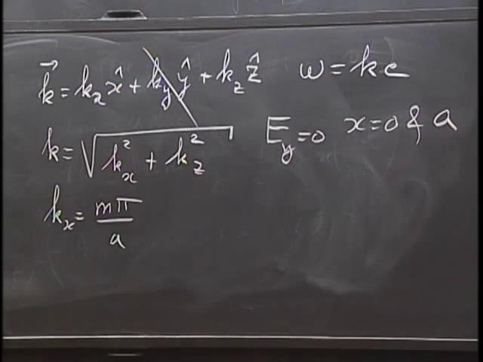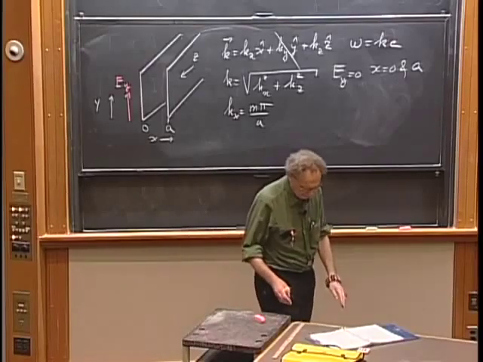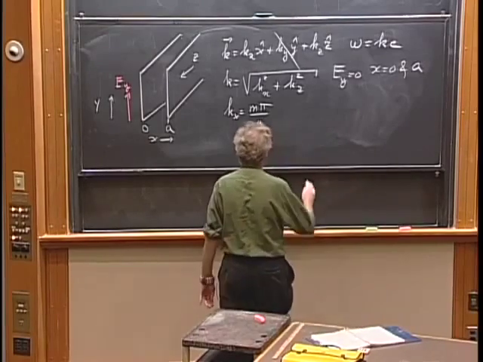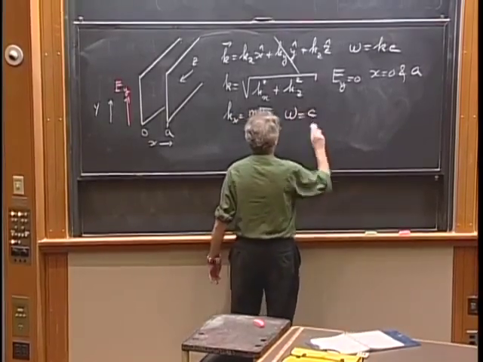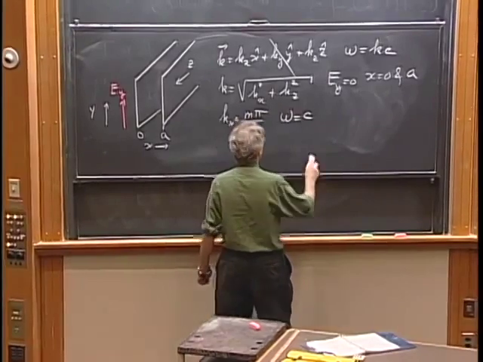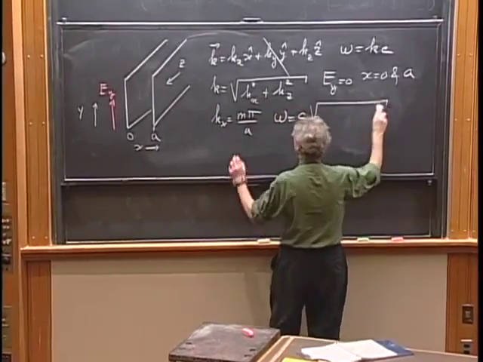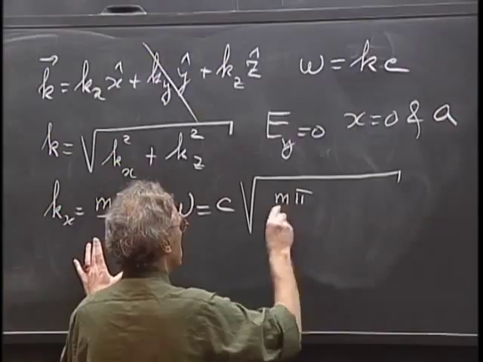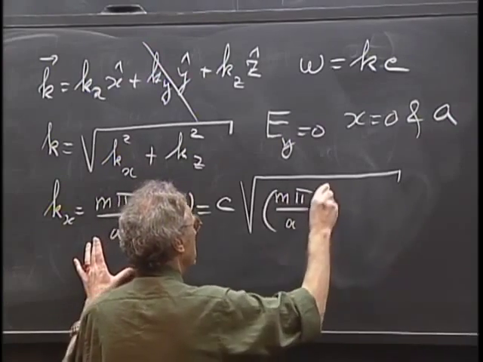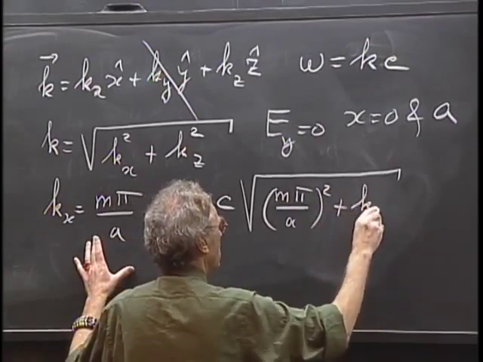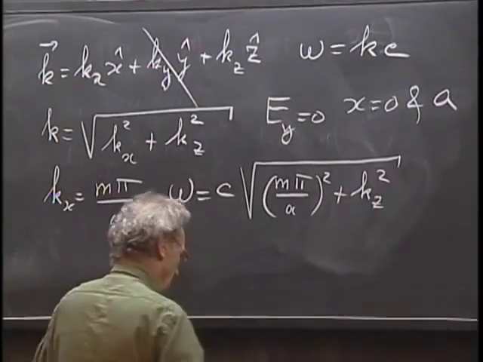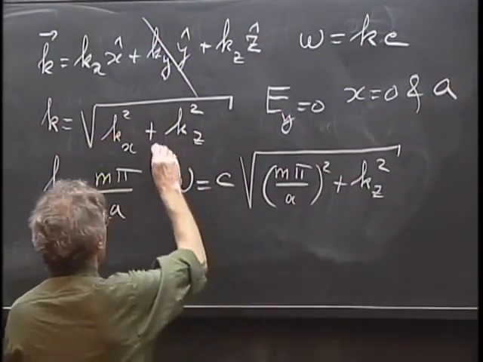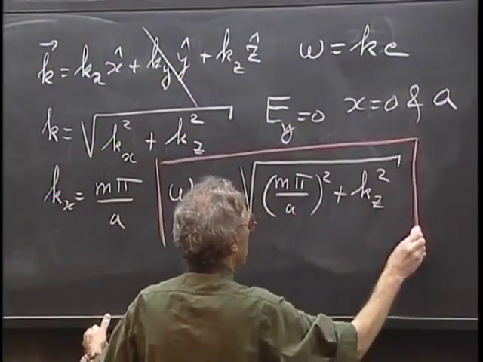And so omega will then be c times k, so it is c times the square root of (m pi over a) squared plus k of z squared. And this is what we call the dispersion relationship.